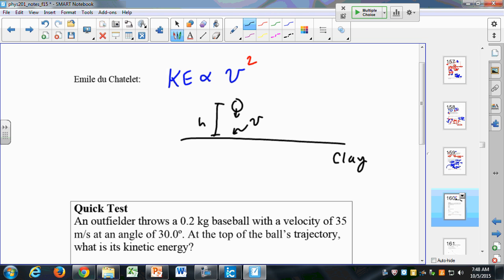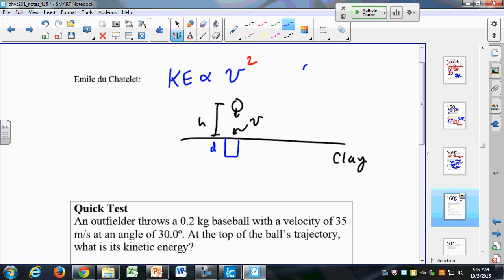And they had all the same kinematics equations that we have, so they could determine what the velocity was. If I drop it from this height, they could calculate what the velocity is when it reaches that. And then she would measure the depth, I'll call it d, the depth d that this metal ball made into the clay.